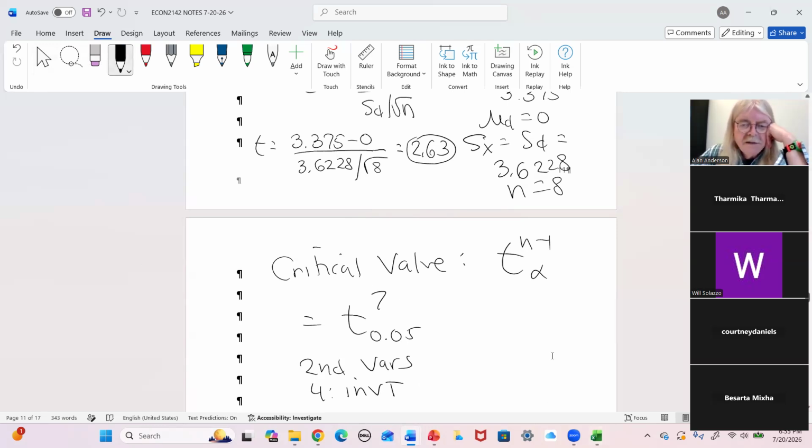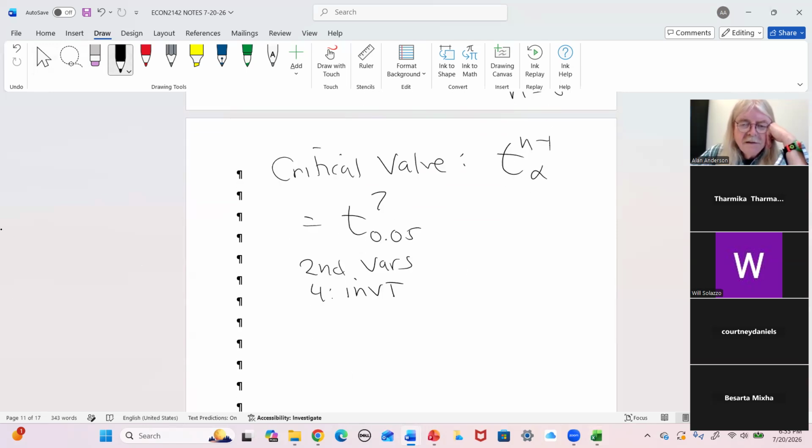And right, so that means the left tail area is 0.95.